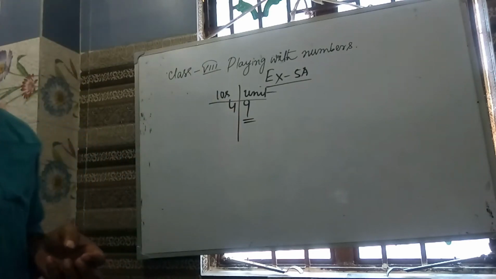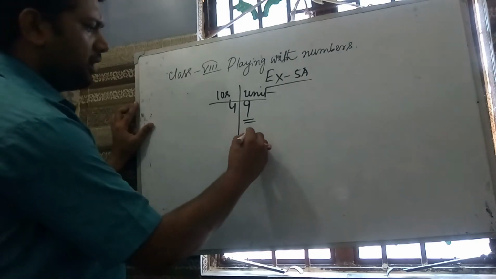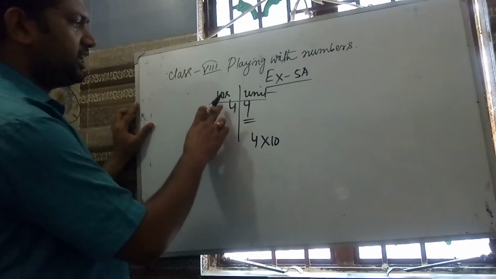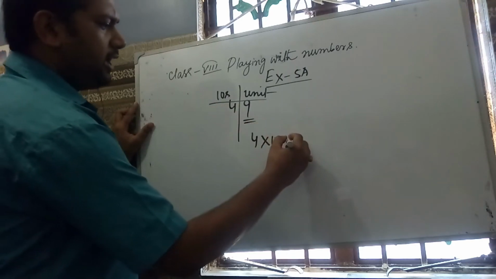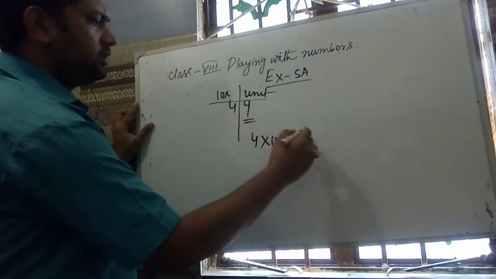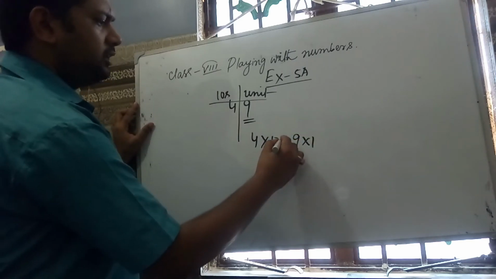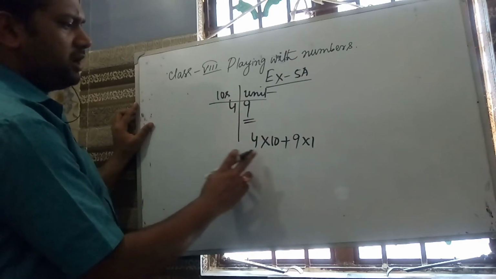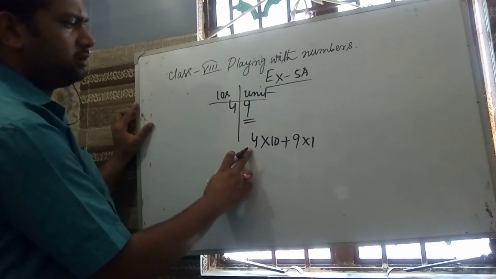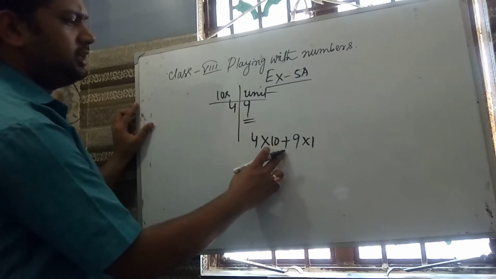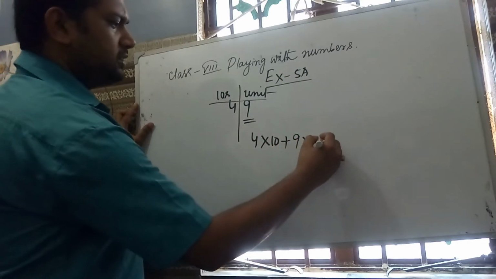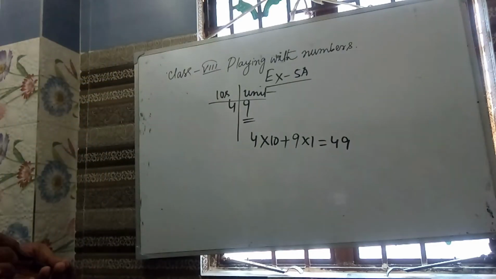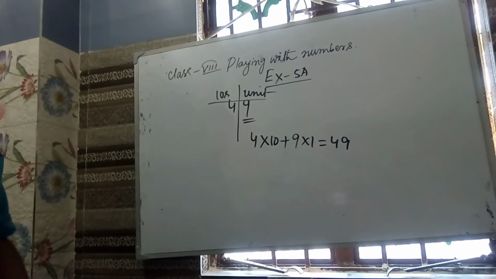This number 49 is obtained by multiplying 10 with the tens place digit and 1 with the unit digit, and then we have to sum it up. So 49 is obtained by multiplying 10 with 4, 1 with 9, and then adding 40 plus 9, it gives you 49. Okay. So this is the basic concept of a two-digit number.